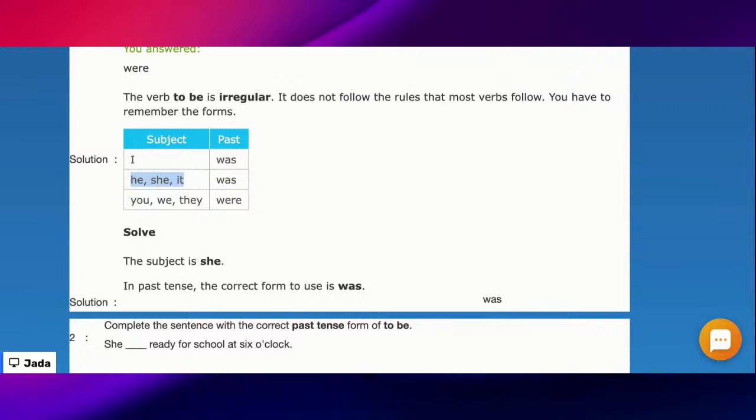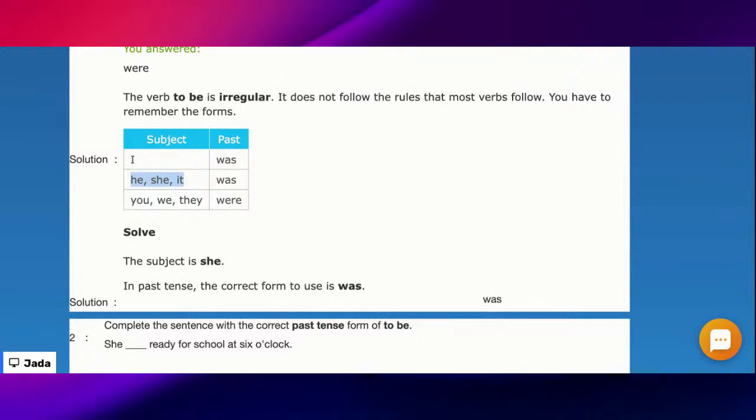So I was cooking yesterday, I was baking yesterday, then he, she, it also was. So you could say he was traveling yesterday, she was visiting her best friend yesterday, it was on the table.